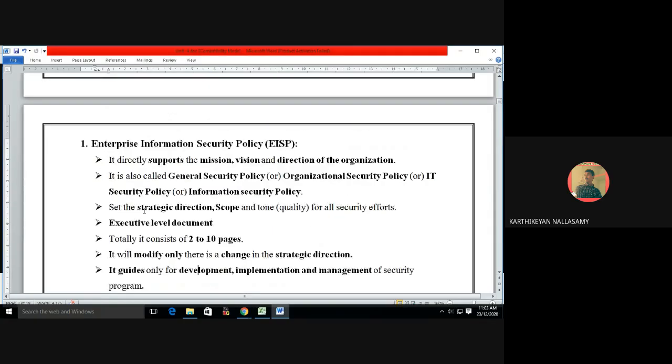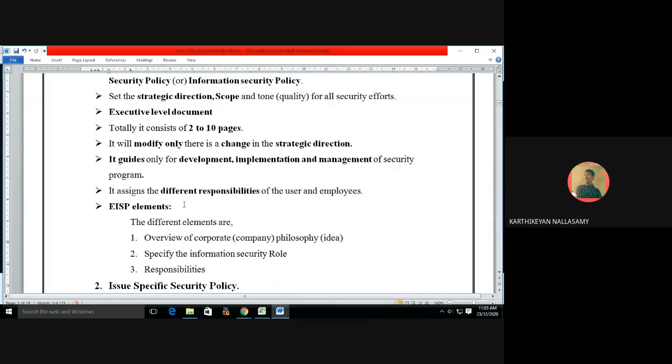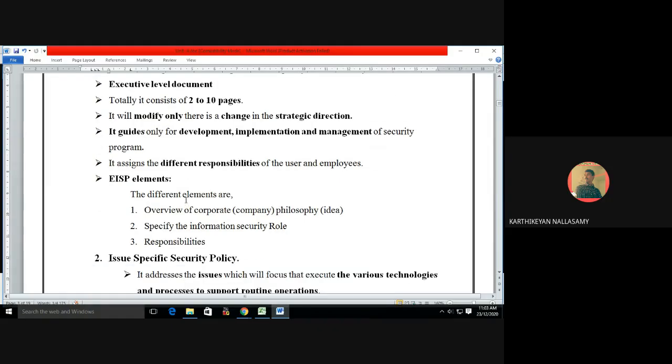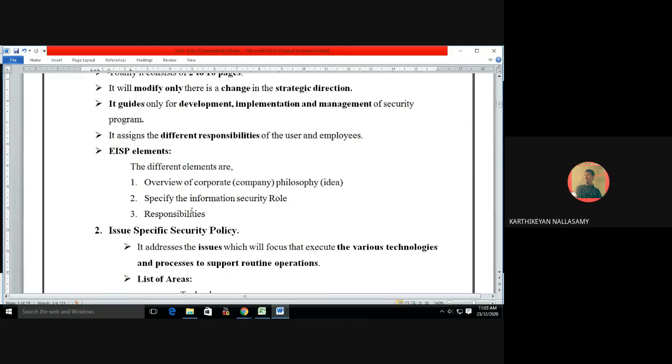According to this, we should define different responsibilities for every user and employee of the organization, and the policy must be implemented based on those responsibilities. The elements define the corporate philosophy, the security rules, and the responsibility of every individual.